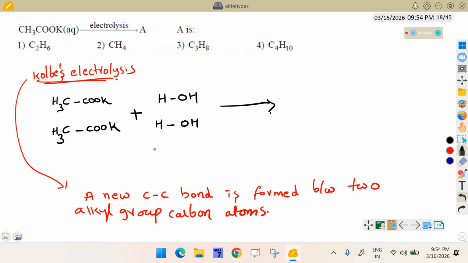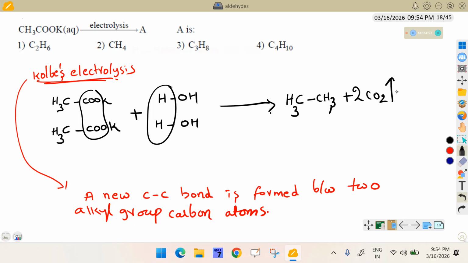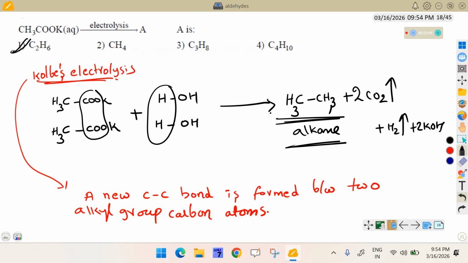Now it undergoes electrolysis. Then H2 gas is evolved. CO2 gas is evolved. A new C-C bond is formed between two alkyl group carbons, CH3-CH3, plus 2 moles of CO2 plus H2 plus 2 moles of KOH. Alkane is formed as a product. Which alkane is formed? Ethane is formed. Correct option is first option.